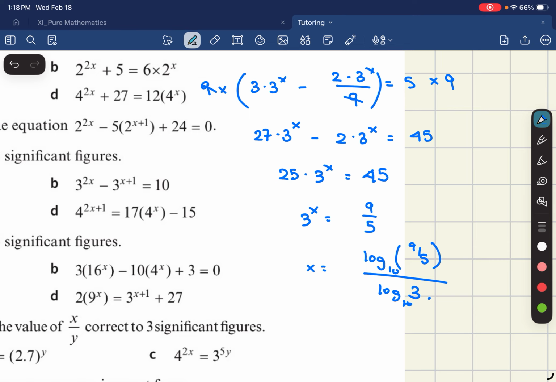And you can check. You can always put it in your calculator. Log 9 by 5 divided by log 3 gives you 0.535 to 3 significant figures.